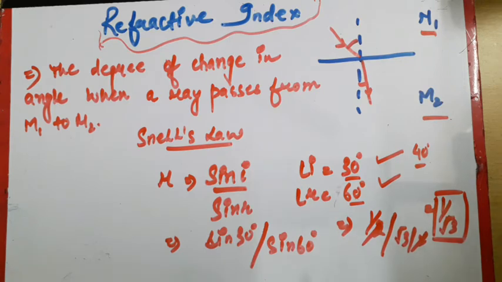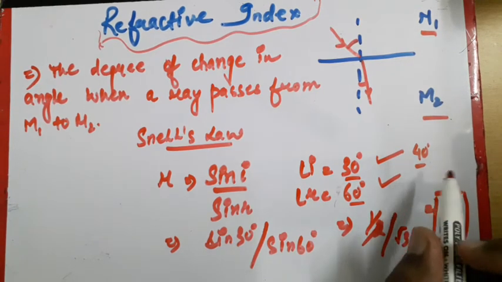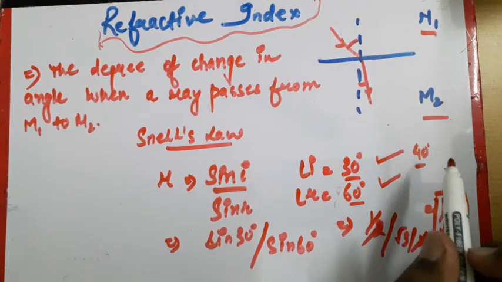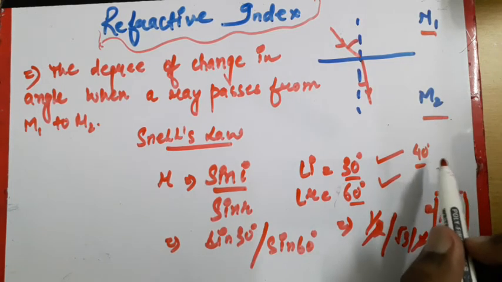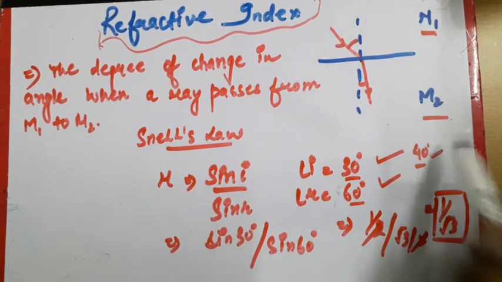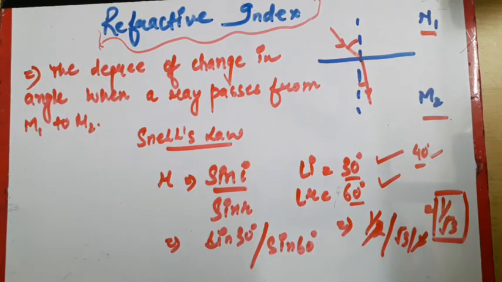So either the question will give you the value of sine 40, or if not given, you can leave the answer in this way only. Suppose sine 40 upon sine 50 is there, you can just leave it over here. Mostly, in most cases, degrees will be given to you. This is one of the cases.